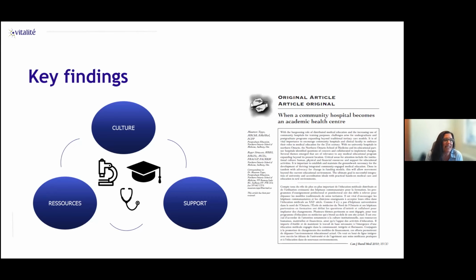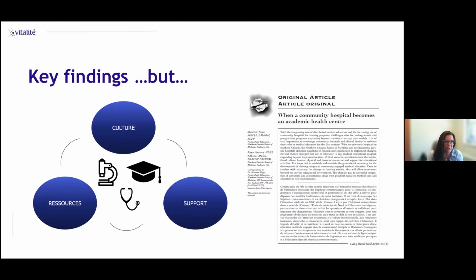These were all key elements that came out of our consultation process. And this wasn't unique to us as an organization. I'm showing this publication that came out of the Northern Ontario School of Medicine, where they described specifically what we were going through as an organization when community hospitals, or even in our case, regional hospitals, become an academic health center and what's needed there.